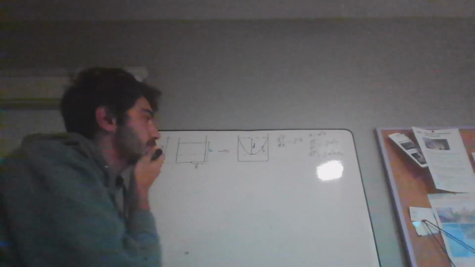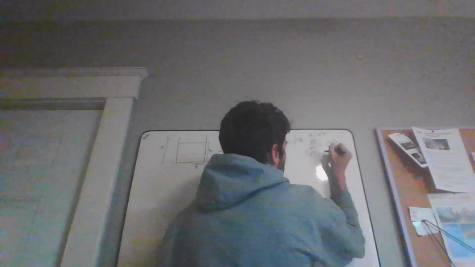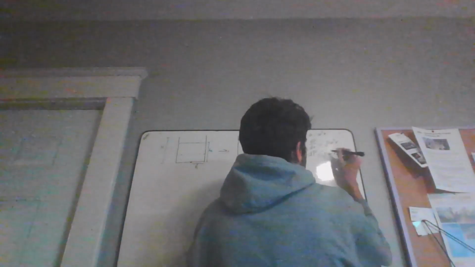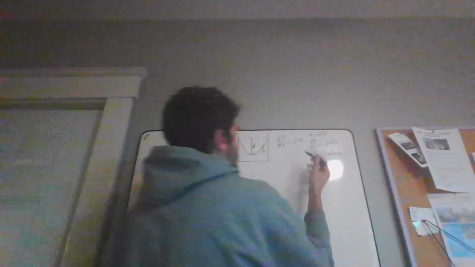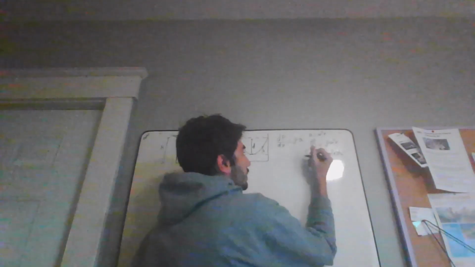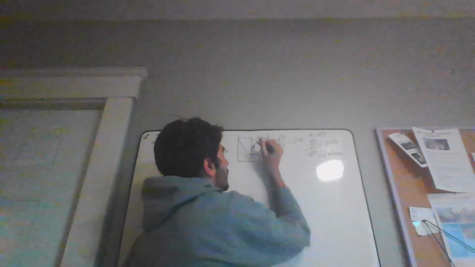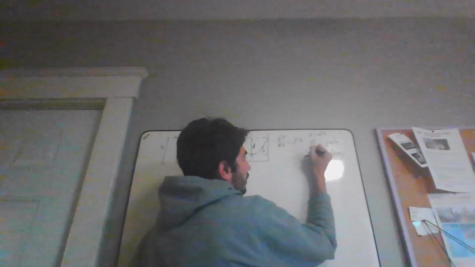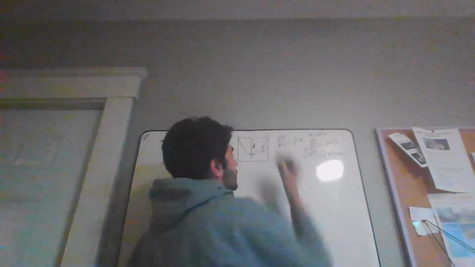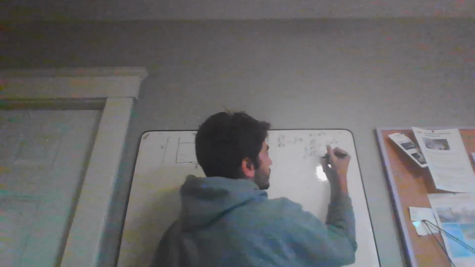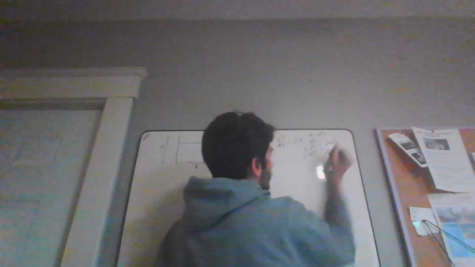And then you can go ahead and integrate both sides. Of course, these are definite integrals, right? For the left-hand side, we're going to use P1, which is at this point, the bottom, and then P, which is at the top. And for the radius, we're going to do the same thing, big R and little r.